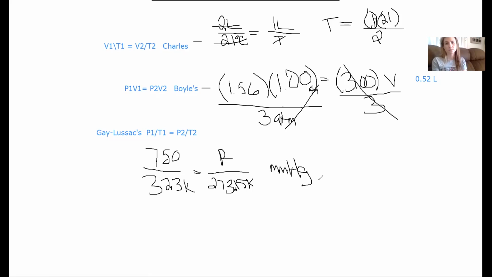It's just a pain because it's not a touch screen. All right. And so here, Abigail, how do I get my P to be all by itself? Multiply. Yep, I'm going to multiply both sides by 273.15.